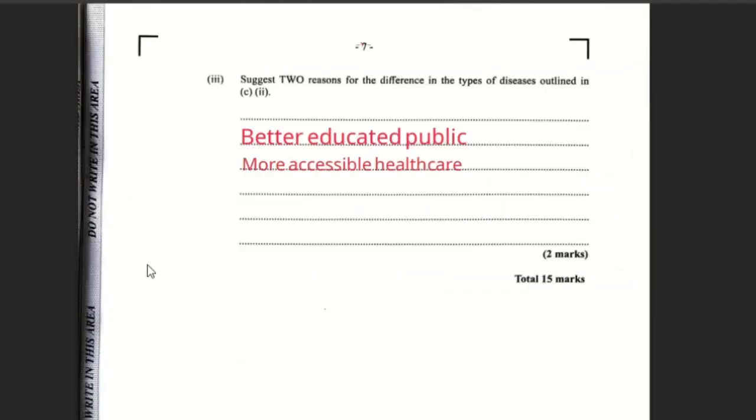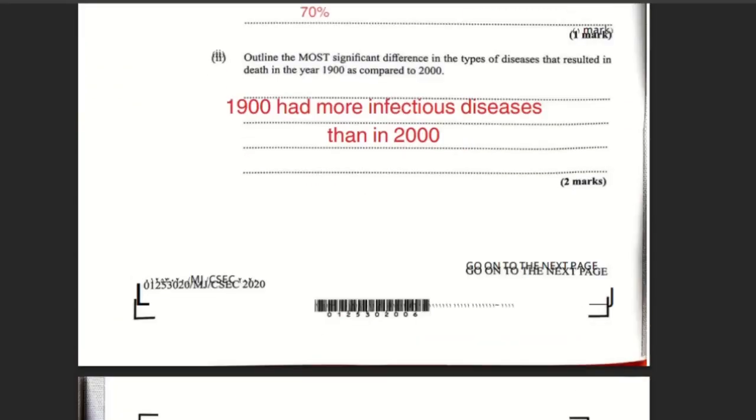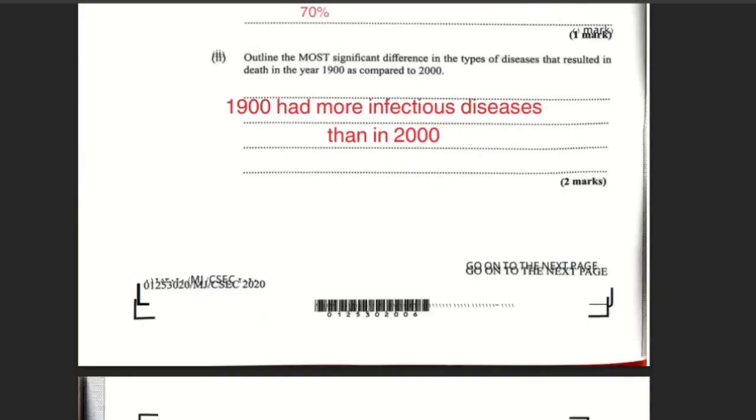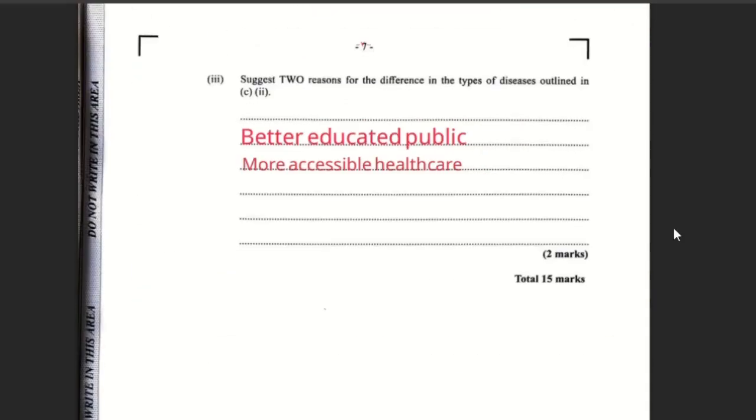Right, so then it says suggest two reasons for the difference in the types of diseases outlined in C. So basically, what can be the difference in the types of diseases within the two years is perhaps a better educated public.